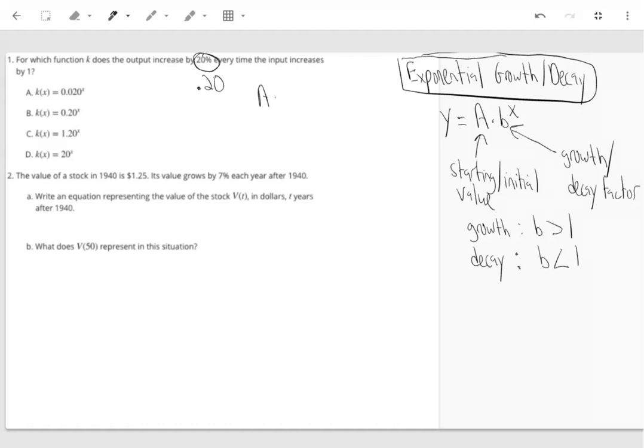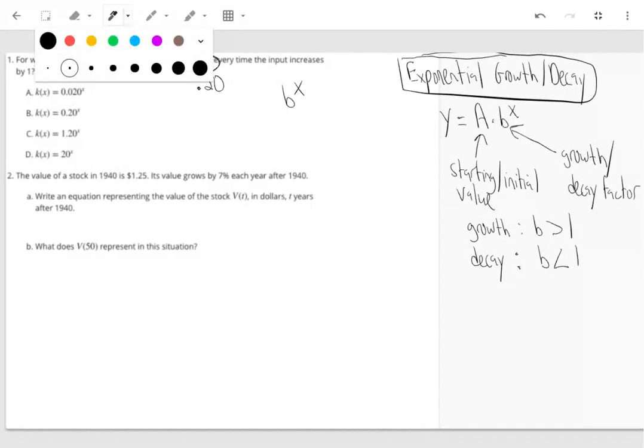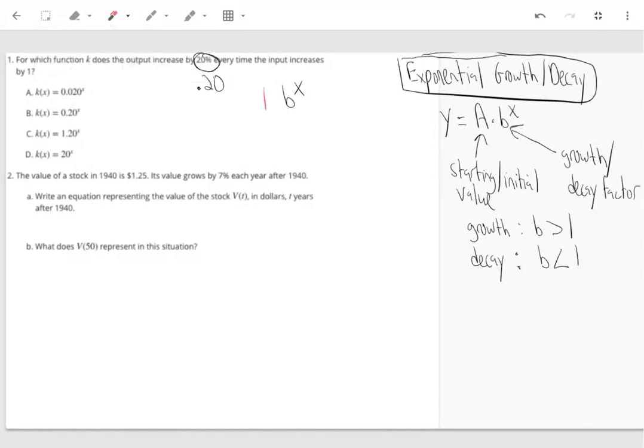So when I plug into my formula, a times b to the power of x, if I let a equal 1, then it's just going to be 1 times b to the x. So the question is, what is the b value going to be?